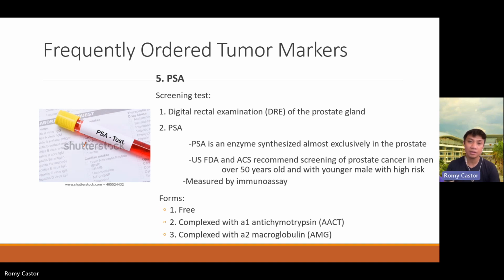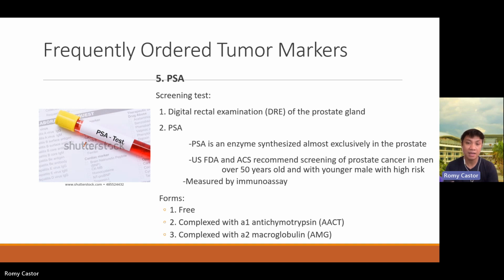Okay, so when can we diagnose a patient here with prostate cancer with the use of the PSA? So again, it doesn't mean here that if the PSA is high, it is automatically prostate cancer. It's because anything here that results in enlargement of the prostate, not only prostate cancer, can result in increased PSA level. So with that, to use here the PSA for diagnosis of prostate cancer, we need to take the ratio of the free form of PSA and the total PSA.